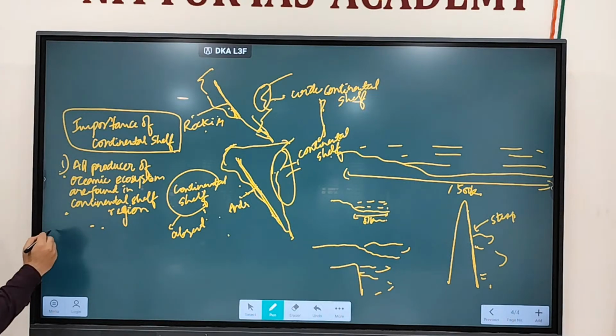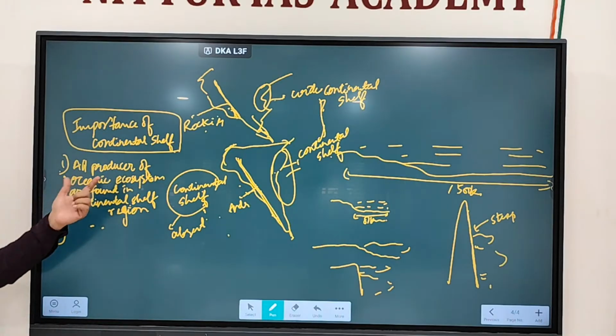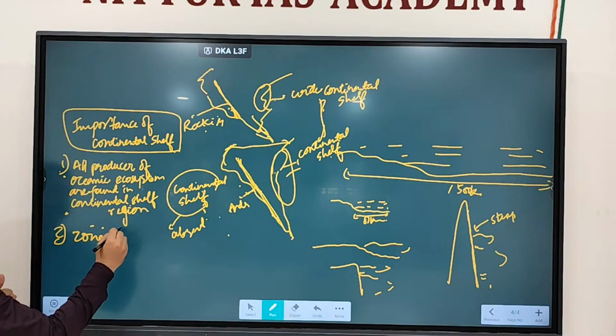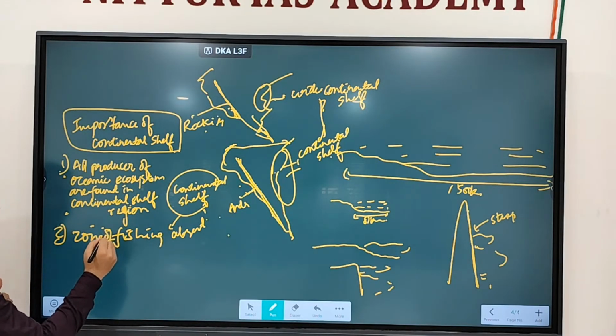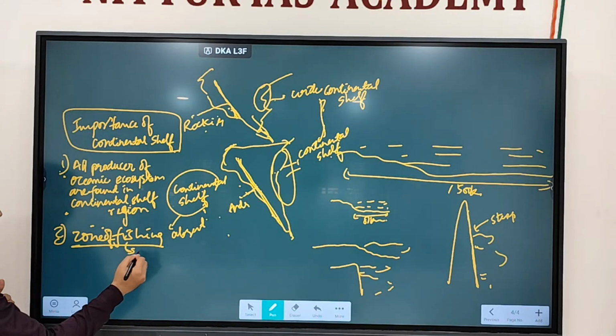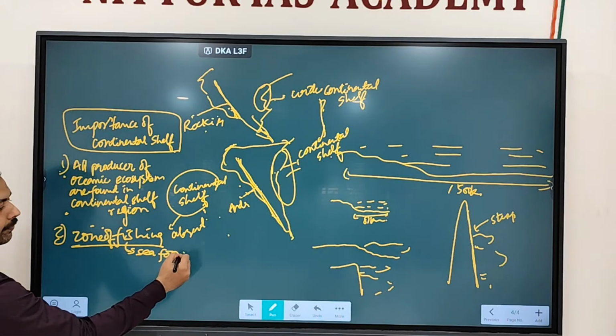Clear? So wherever more producers are there, more food will be available. When more food is available, you'll find more and more organisms over there. So this is an extensive zone for fishing, a zone of seafood.